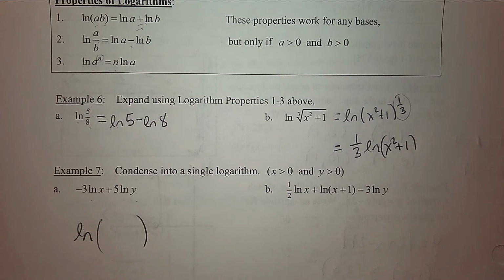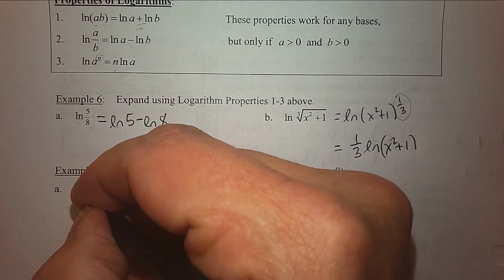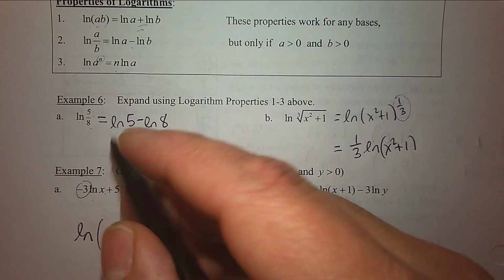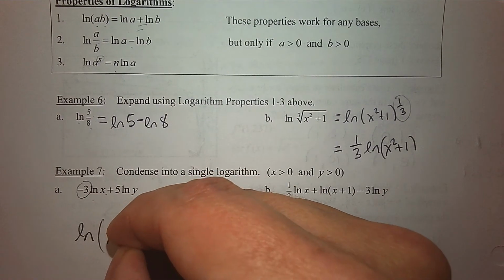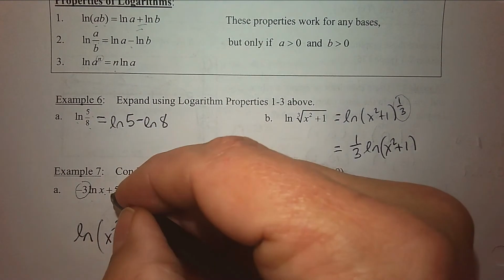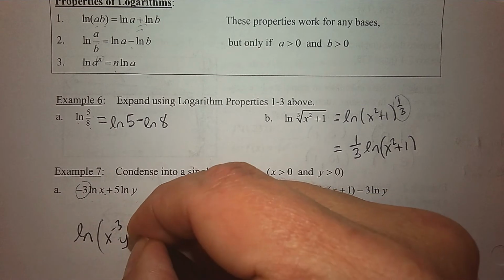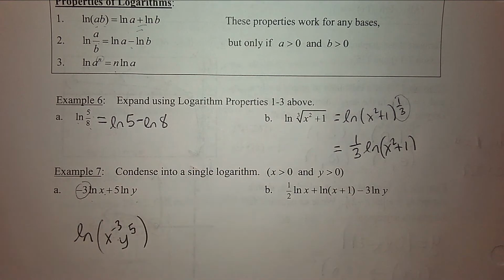The number in front of the logarithm represents the exponent. On what base? x to the -3. Adding means we're going to multiply. And the 5 in front represents the exponent. What's another way we could write this?